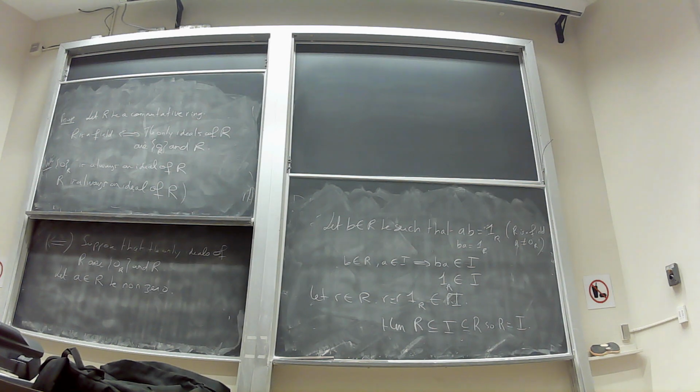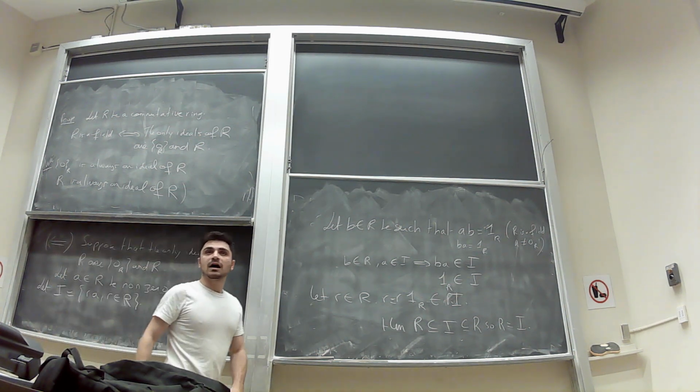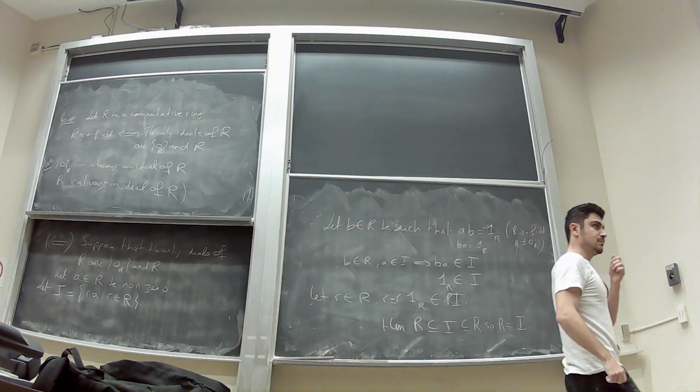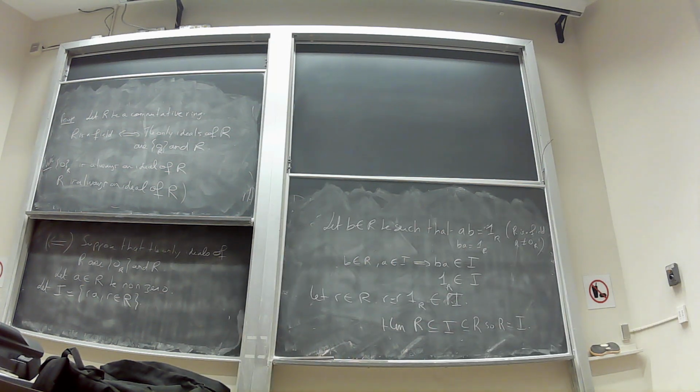Now let's think a bit about it. Take A and consider the set of all multiples of A. I take A and multiply it by all elements in R. Is that an ideal or not?